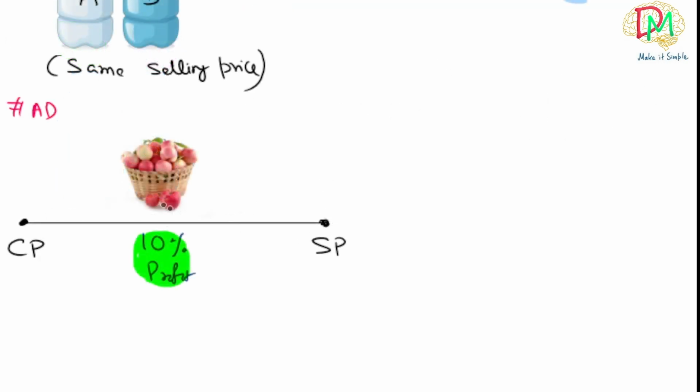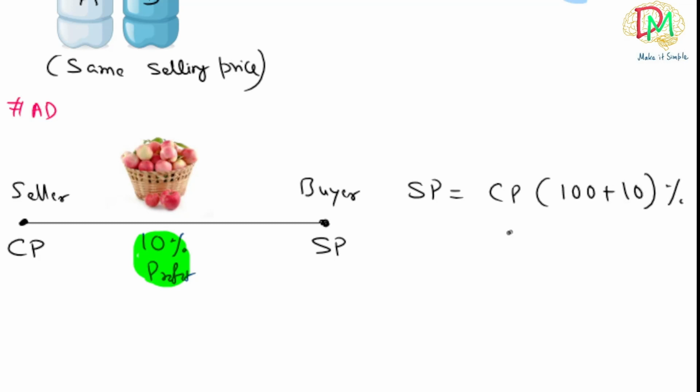Next we learn the second shortcut. Suppose by selling these fruits, the seller, here is the seller, here is the buyer, gets a profit of 10%. So the sale price will be cost price into 100 plus 10%, that is CP into 110%.